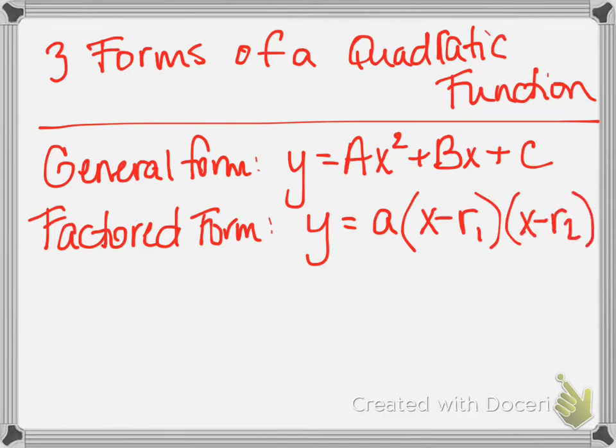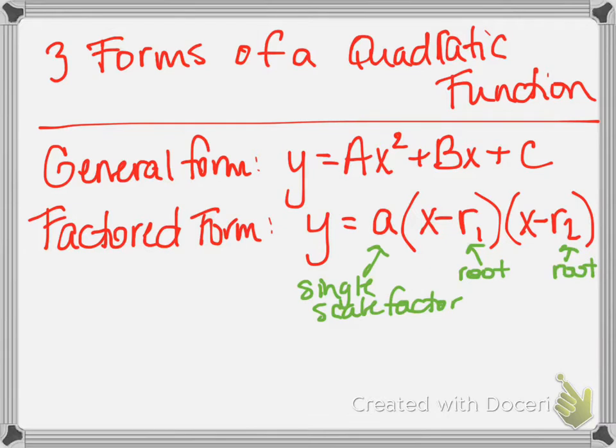So let me explain for a second what these are. This is your single scale factor. This is a root, and this is another root. So that's where we were getting them from the graph.